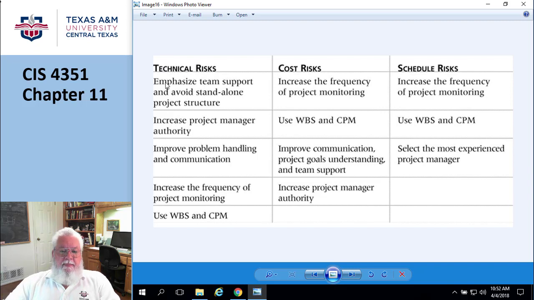So, emphasize team support and avoid standalone projects. Increase project manager authority. Use cost management stuff and all the rest of these kinds of things. So, those are some strategies you can use for reducing technical risk, cost risk, scheduling risk.